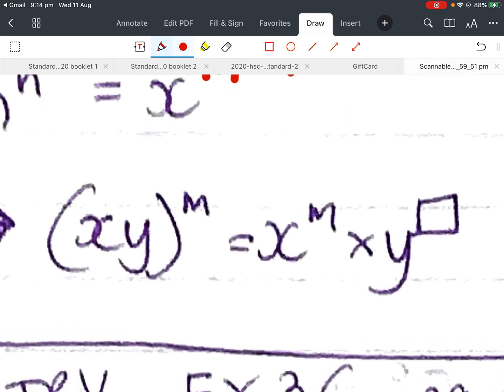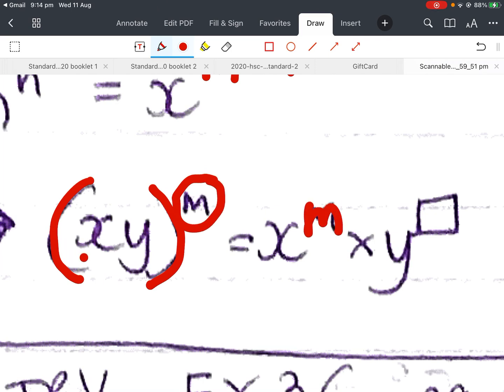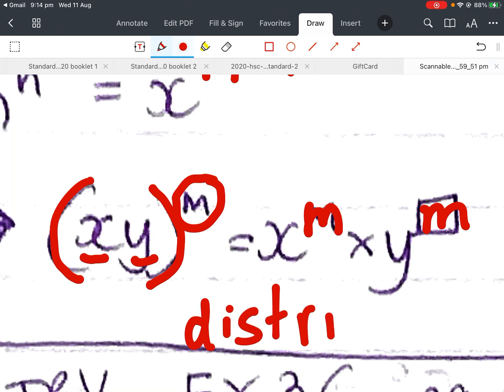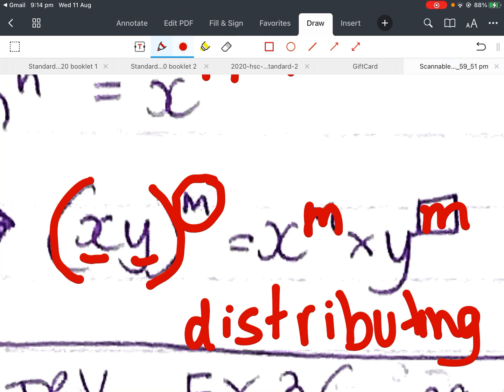This one here, okay, is basically the distributive law. That is, you're expanding the brackets. And it's saying that if there's an m on the outside, then that means you can give an m to the first letter, and you can also give an m to the second letter. So he said that you are just distributing, or distributing is probably the better way of saying that, and that's exactly what you're doing.